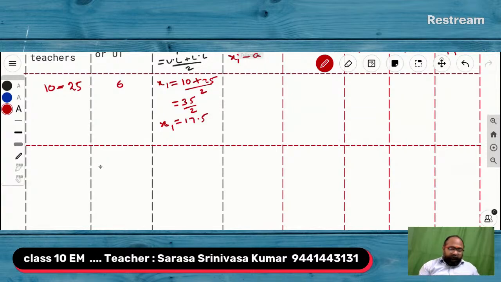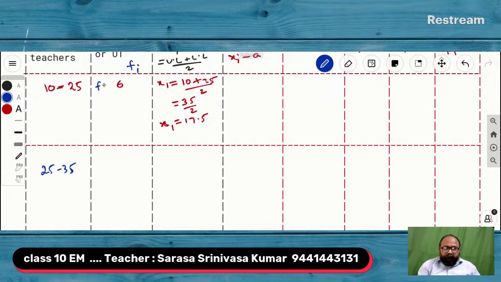The second class interval is 25 to 35. And the frequency here, we should note down, this is frequency Fi.